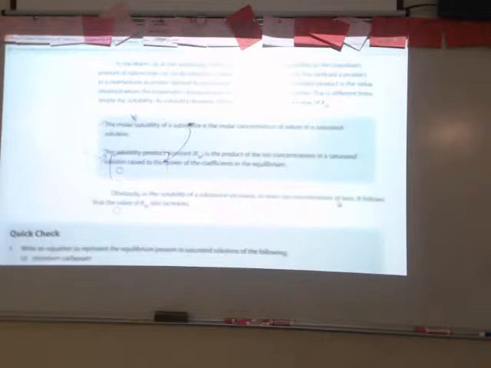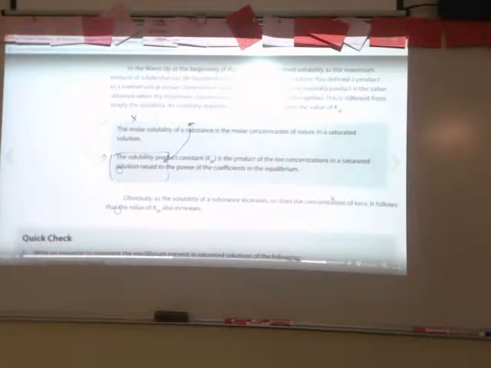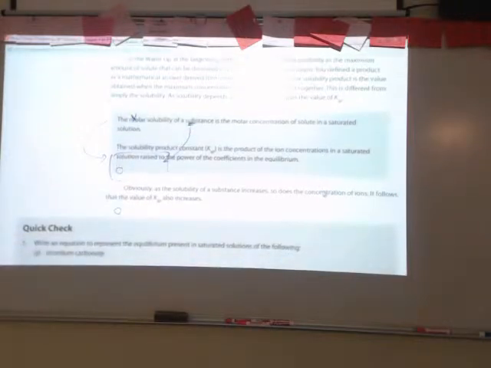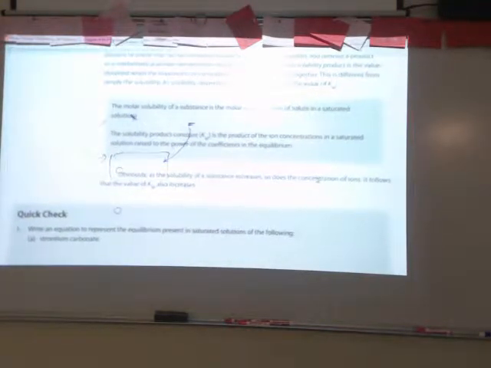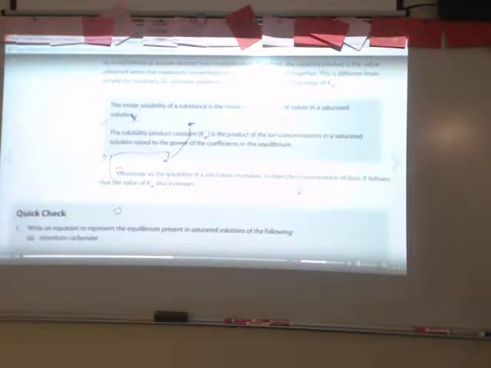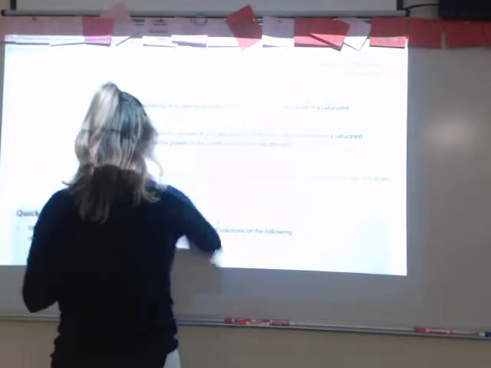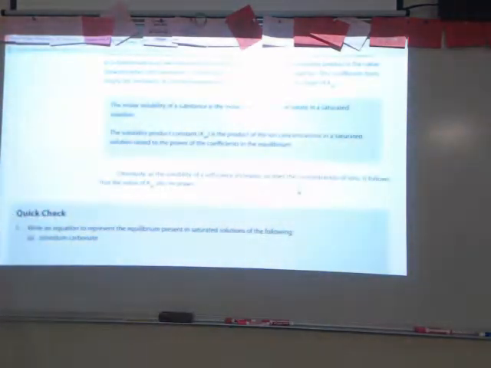And just to make sure you understand, solubility and solubility product constant are not the same. Solubility is the amount of substance, or the maximum amount of a substance, that you can dissolve in a volume of solution. Solubility product constant comes from multiplying the concentrations of the ions together raised to the power of their coefficients.